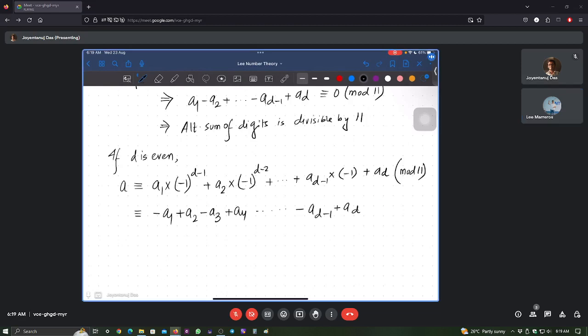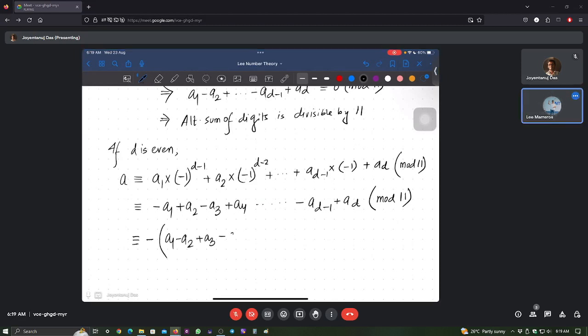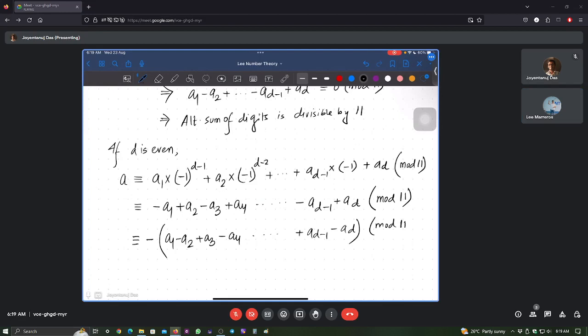So this is what we have, but that is not a problem. This is modulo 11, so you can take the minus sign common from every term.